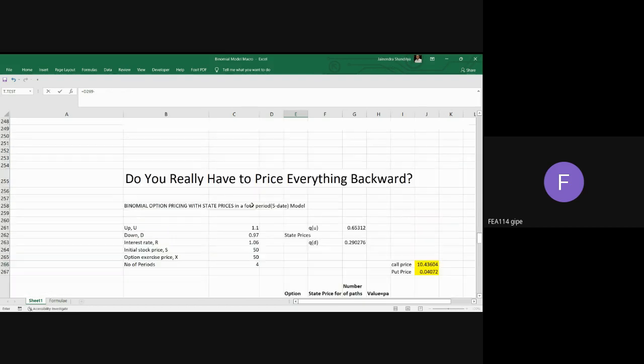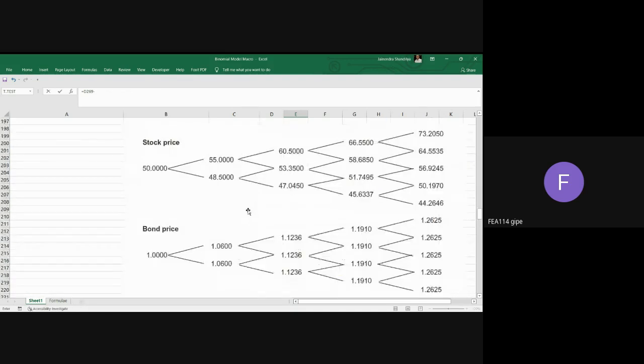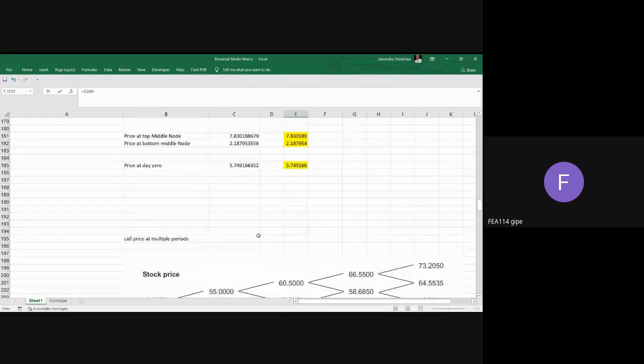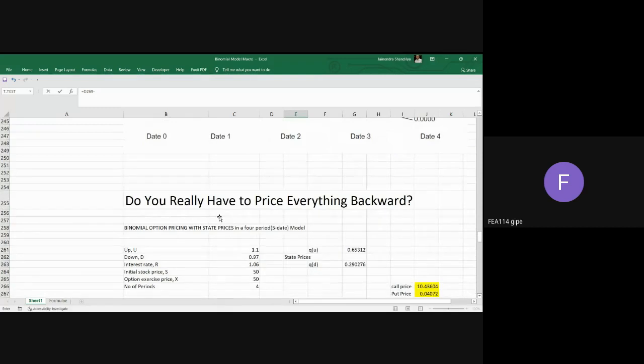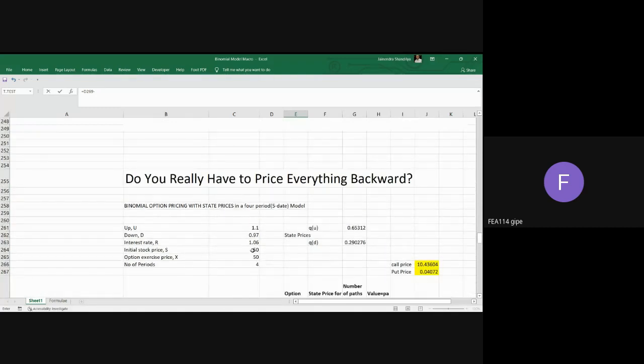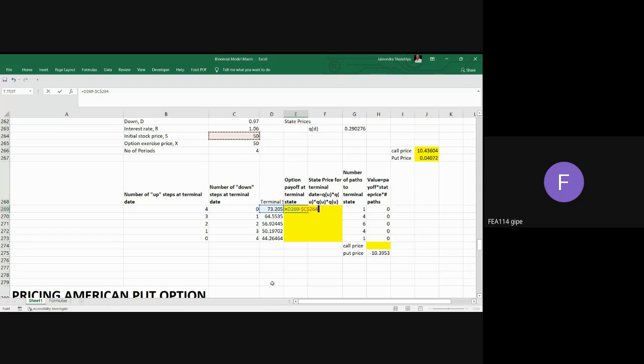minus 50, which is what we have taken as the exercise price. So 50, I make it dollar. I can use F4 and it becomes dollar. And if I drag it down up till here, it gives me the option payoff at the terminal state. Here I'm not using it, because I know it's going to be 0.